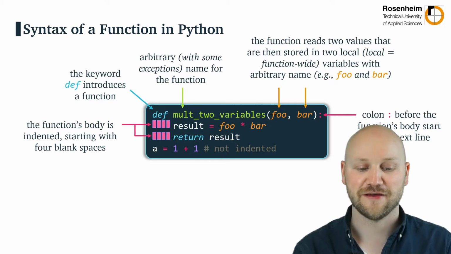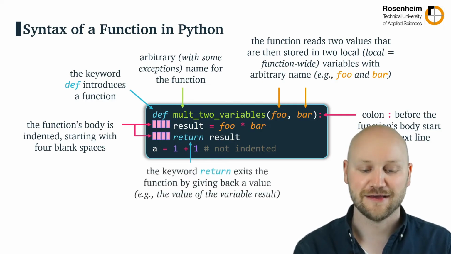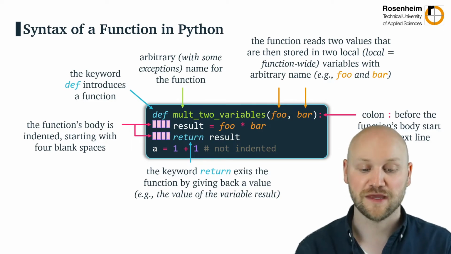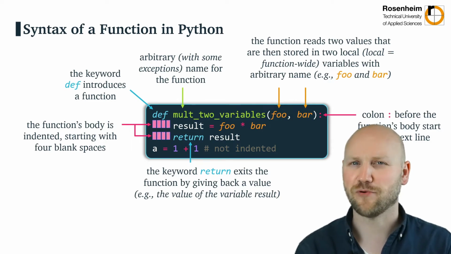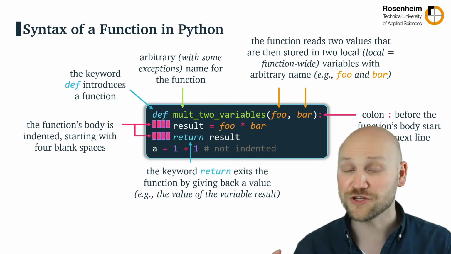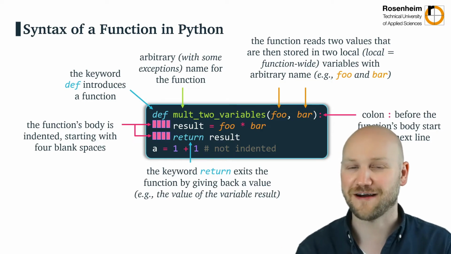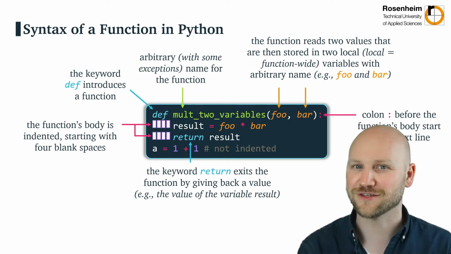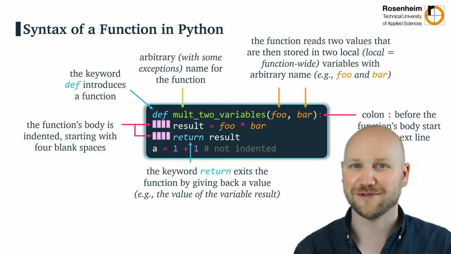Then we have a next line here, a 1 plus 1, that is not indented, so it's also not part of the function. The keyword return is very important. It returns and exits the function. It returns a value. In this case, it returns the multiplication of two variables.